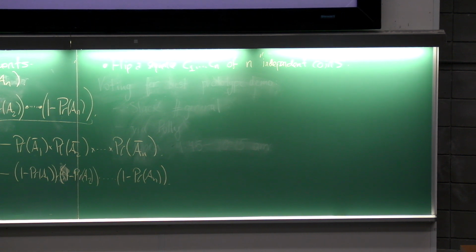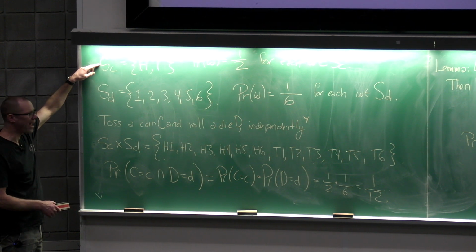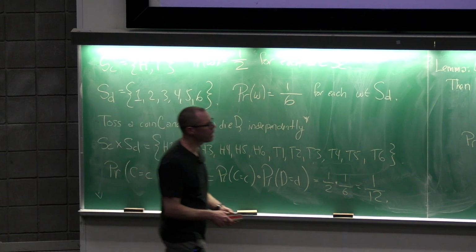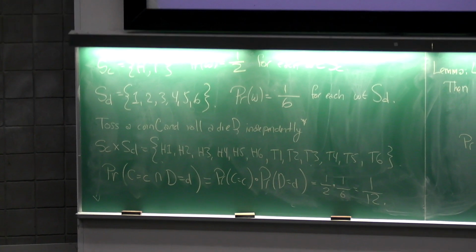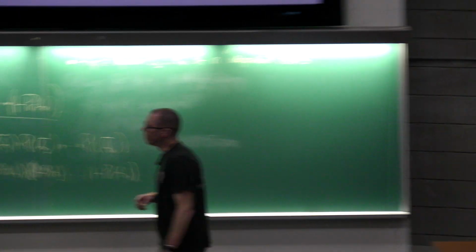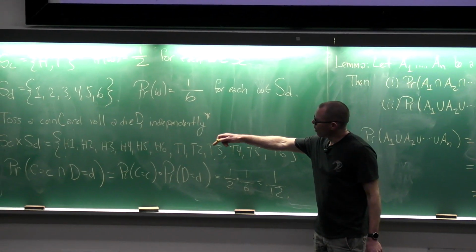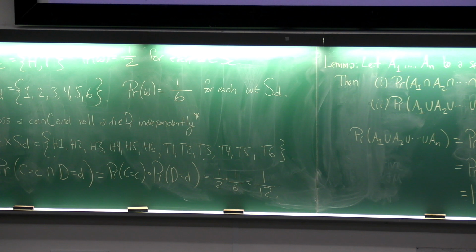Well, that means that the set of outcomes is heads, tails, times heads, tails, times heads, tails, n times. So the elements of that space are sequences of length n, and the probability of any particular sequence is the product of each of the things in that sequence. So each one is going to have probability 1 over 2 to the n.